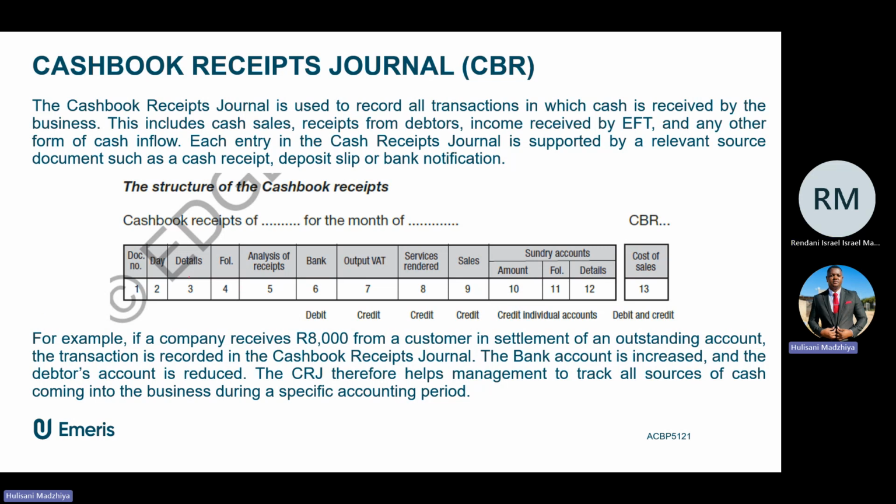From these cash book receipts, there are the following things. There is a doc column, in which you record the document number. If the transaction is supported by a receipt, you write RT and the receipt number. If we sold goods on credit and we issue a cash receipt, you will write the cash receipt number.